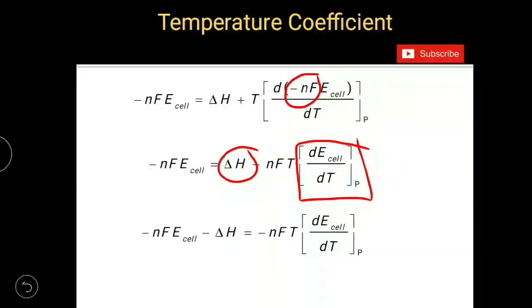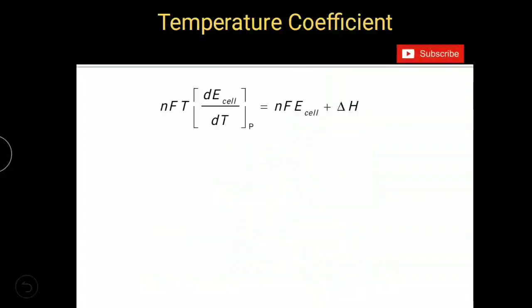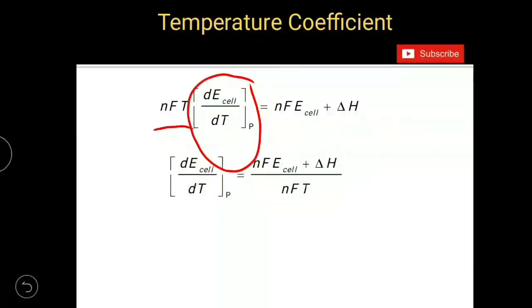When you multiply this whole equation by the negative sign, you will get the expression nFT into dE cell by dT at constant pressure is equal to nFE cell plus delta H. When the whole equation is divided by nFT to get the expression for dE cell by dT at constant pressure, the temperature coefficient will be (nFE cell plus delta H) by nFT.